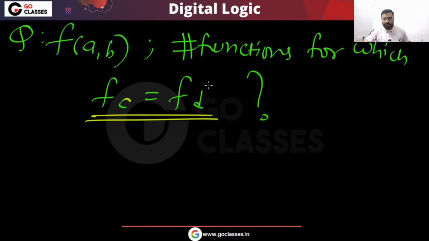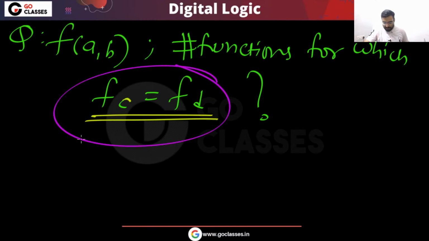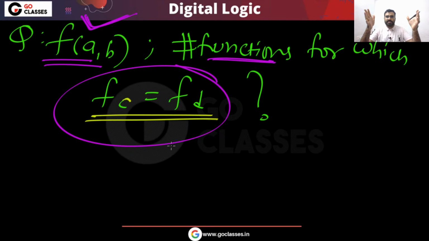See, these types of functions don't have any standard name. Those functions for which f complement is the same as f dual, we have to find those functions. These types of functions don't have a standard name. There is no standard name for this type of function.